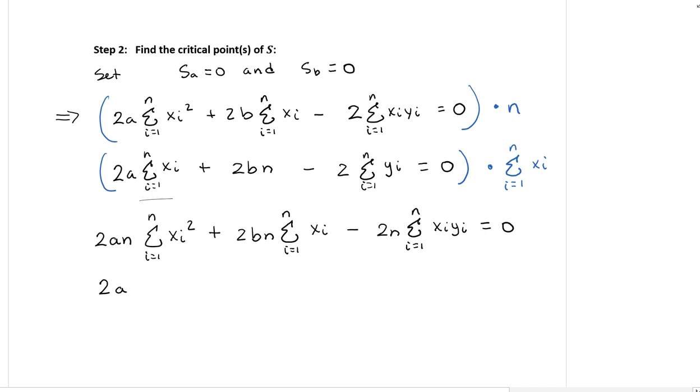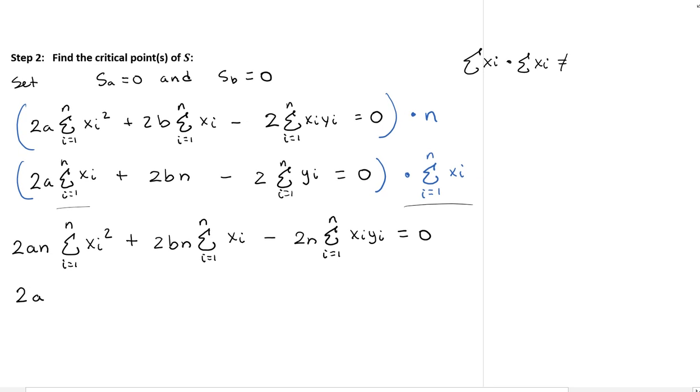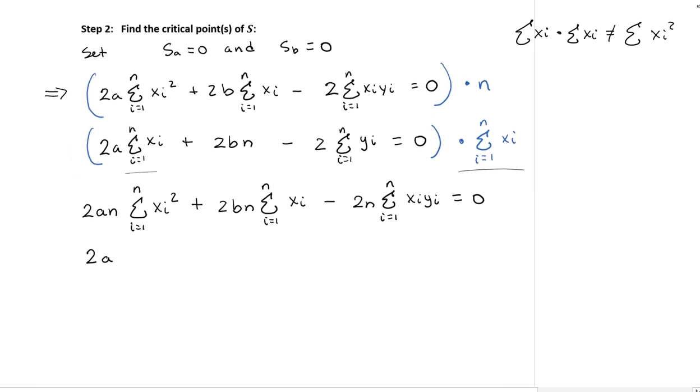Please do not be tempted to make that the summation of x_i squared, this is multiplying the two sums together. So the sum of x sub i times the sum of x sub i does not necessarily equal the sum of x sub i squared. So for the second equation, we're going to have the sum from 1 to n of x sub i, quantity squared. Those are different things.